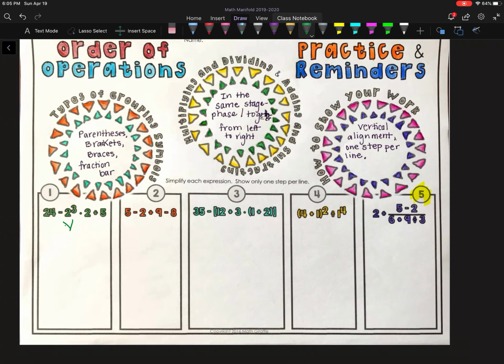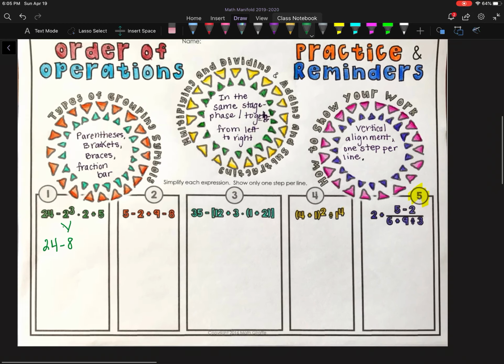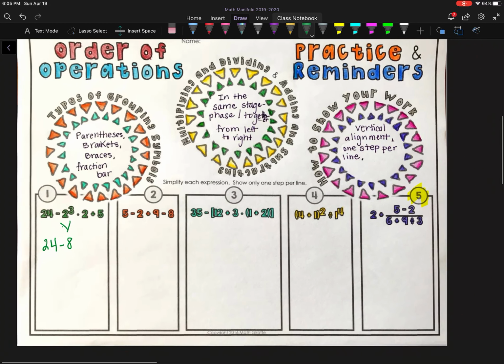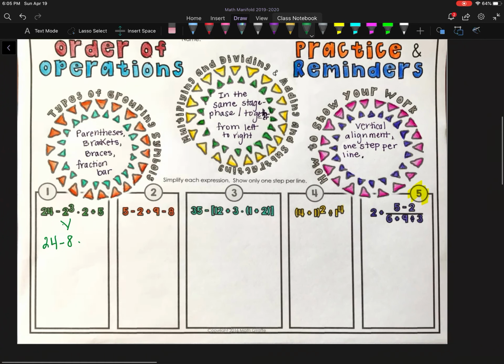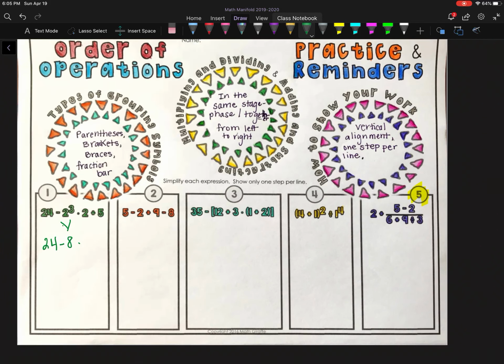And 2 to the 3rd power is 2 times 2 times 2, which is 8. So we have 24 minus 8, and remember that little dot means to multiply, times 2 plus 5. So next up, we're going to do 8 times 2, which is 16.